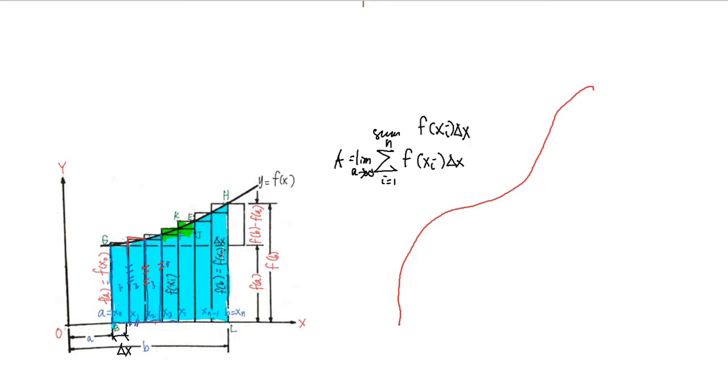Kasi halimbawa, we have the irregular boundary ng lupa, no? Bounded by the river. Merong ilog doon sa may boundary ng lupa ninyo at ng lupa ng kapitbahay ninyo. So, in order for you to compute for the area of your land parcel, no? Ang ginagawa dito ay dinedivide natin siya into equal number, no?